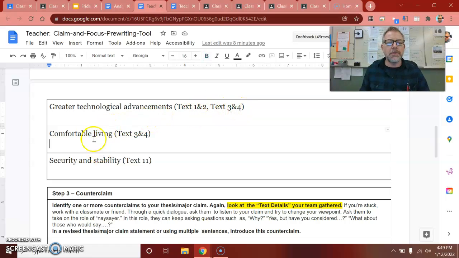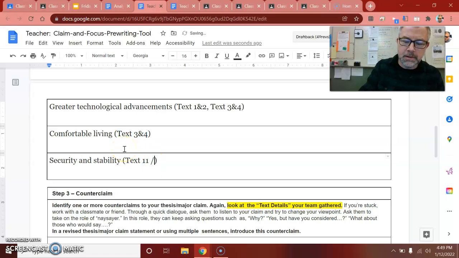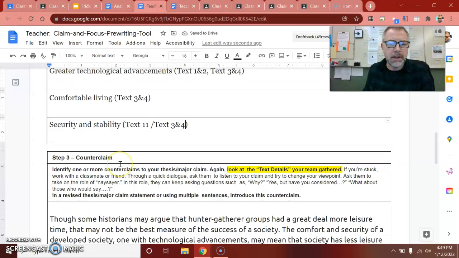I could talk about the comfortable living that I noticed in 3 and 4. I could talk about security and stability. I could use 3 and 4 and 11 for that. Maybe I should, I'm just going to copy and paste that over here too. Text 11 and 3 and 4. I feel like they both showed stability and security.